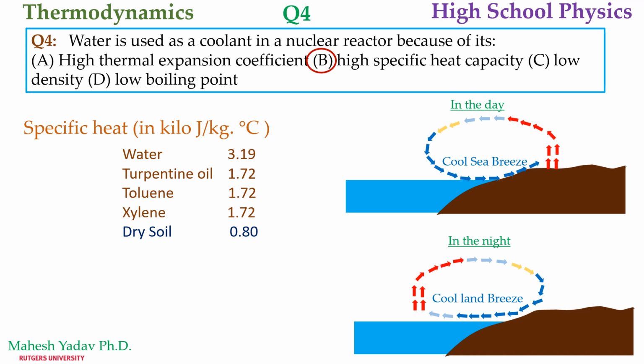The figure shows, in the day, the dry soil quickly gets heated by sun, and the air rises. The sea, on the other hand, is cool from the previous night due to high specific heat, and we get the cool sea breeze to the land. In the night, the process happens in reverse. So do not forget that our weather is so much influenced by high specific heat of water.